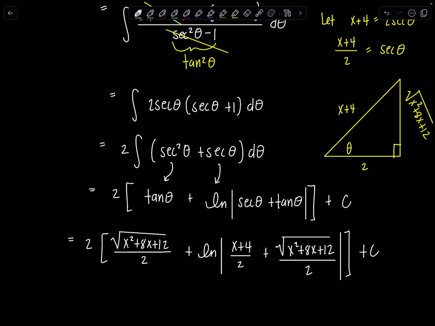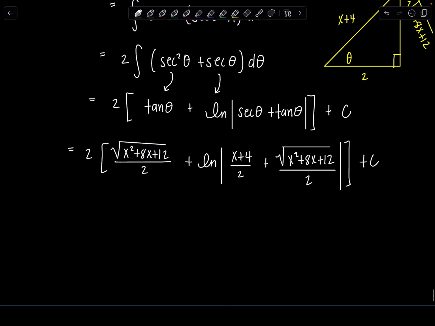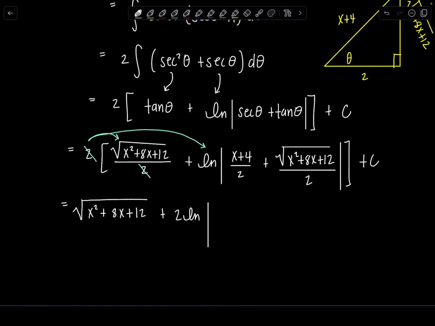Now we can simplify this further, okay? So I can distribute this 2 through, and that'll be nice because it will cancel with the 2 in the first term. So then I'll just have square root x squared plus 8x plus 12 plus 2 natural log. I'm going to combine the 2 terms that are inside because they both have the same denominator 2. So I'm going to put everything inside that natural log all over the same 2.